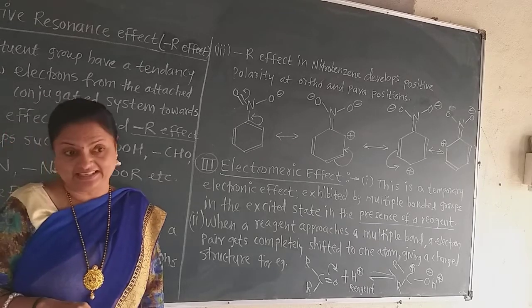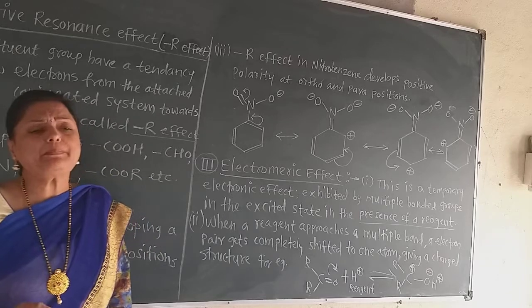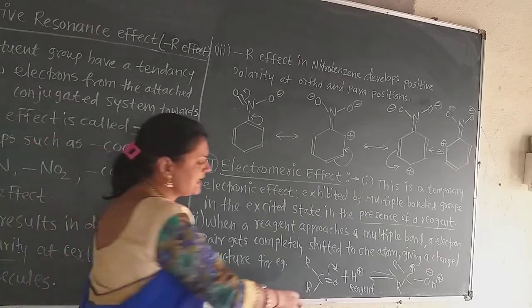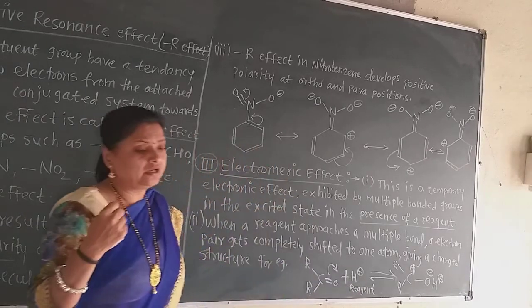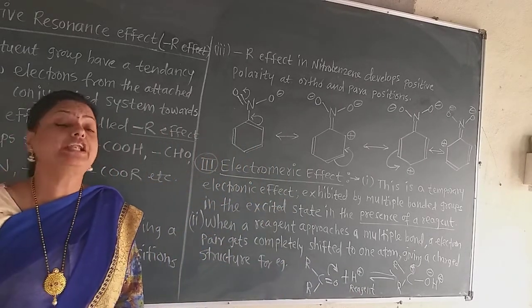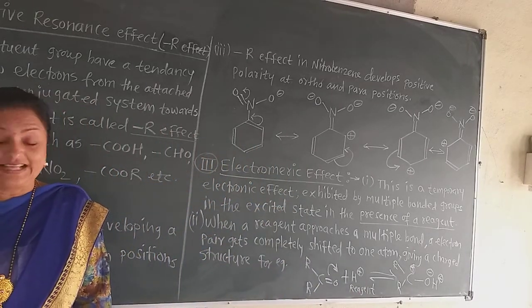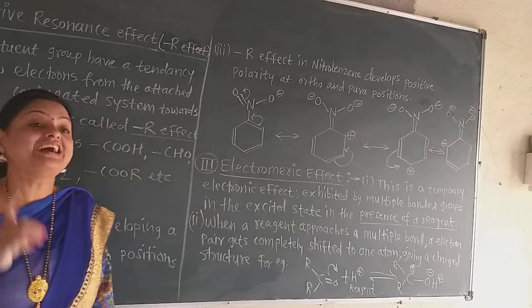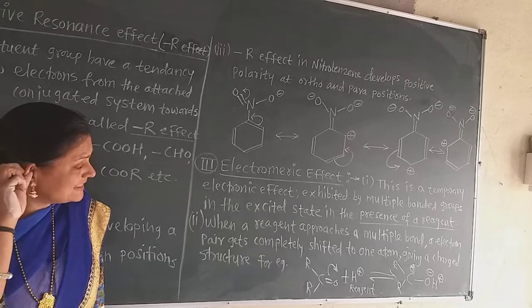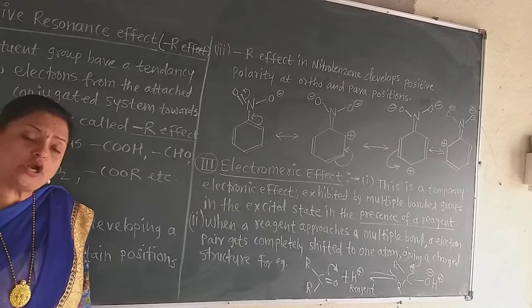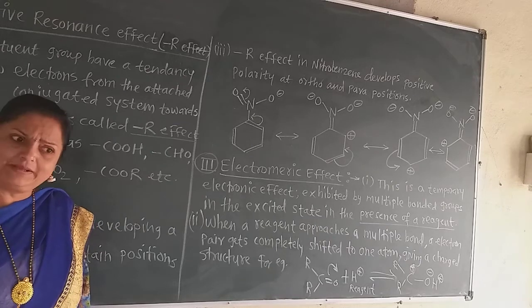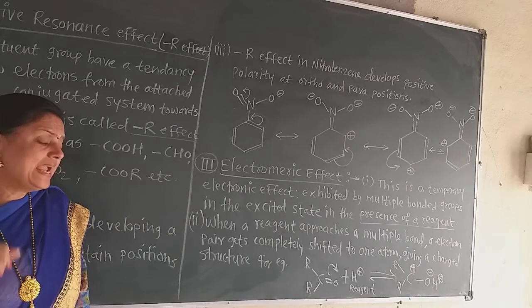If we withdraw or remove the reagent, then there is no electromeric effect. That means the electromeric effect exists only when the reagent is present. So this is a temporary electronic effect.